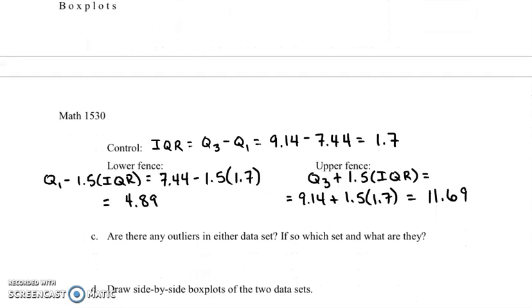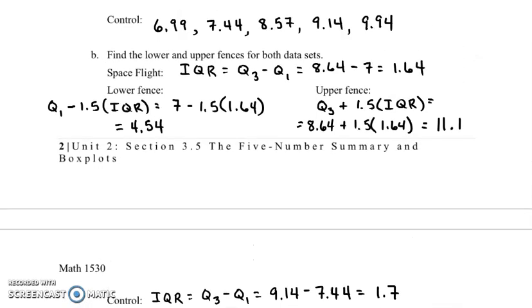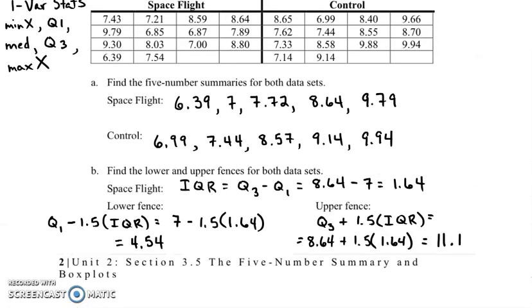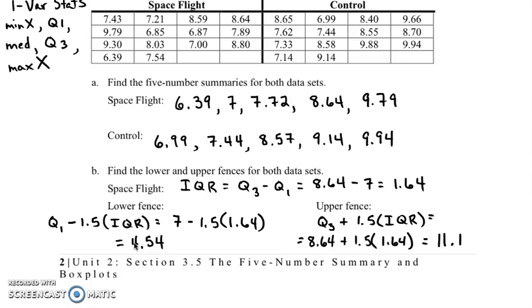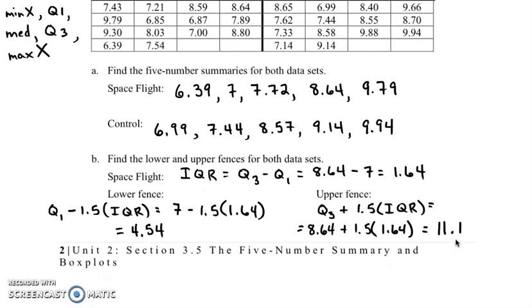So the question is, are there any outliers in either data set? Remember, an outlier would be smaller than the lower fence or bigger than the upper fence. So for the first data set, we would need something smaller than 4.54, which we do not have, or bigger than 11.1, which we also don't have.